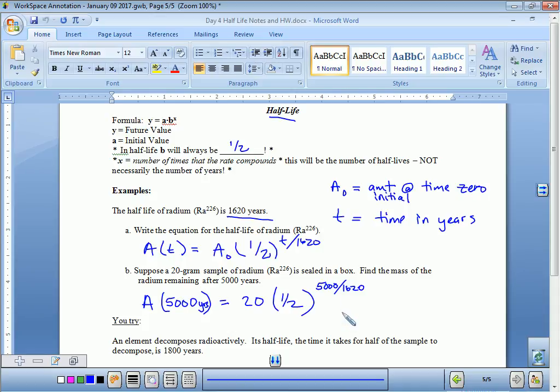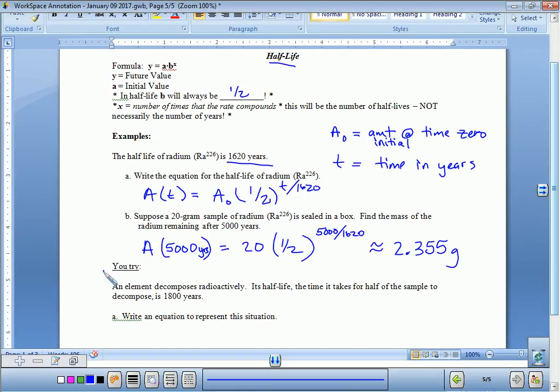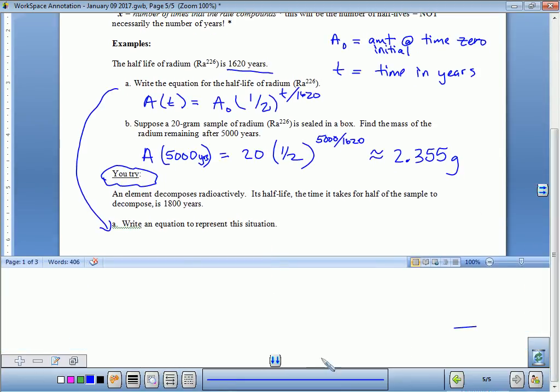It's not a discrete quantity like living organisms. So this is a measurable mass, and it's okay to say it's approximately 2.355 grams. And that's how you do that. Good job. Okay, so you try. First you write an equation, like we did, similar to that. And then you use that equation to solve.